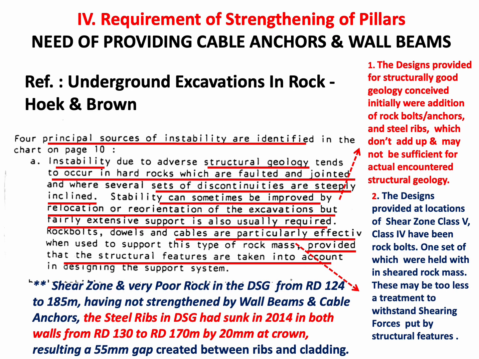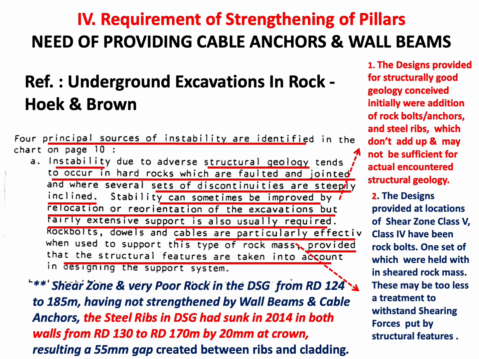Stability can sometimes be improved by relocation or reorientation of the excavations, but fairly extensive support is also usually required. Rock bolts, dowels, and cables are particularly effective when used to support this type of rock mass, provided that the structural features are taken into account in designing the support system.